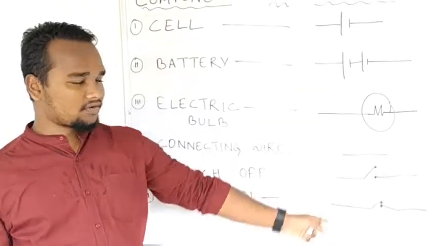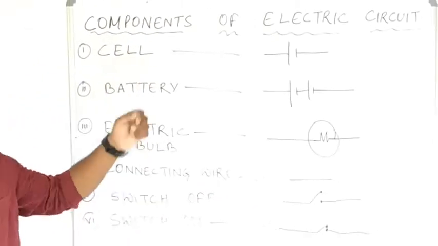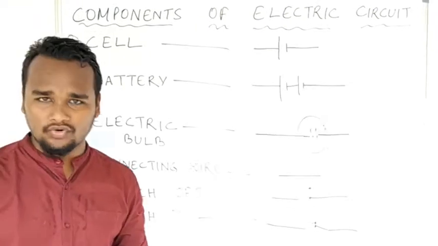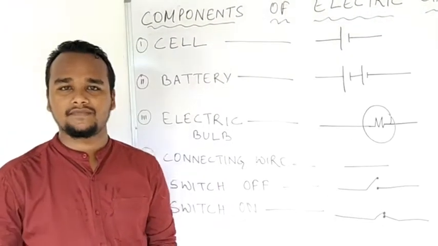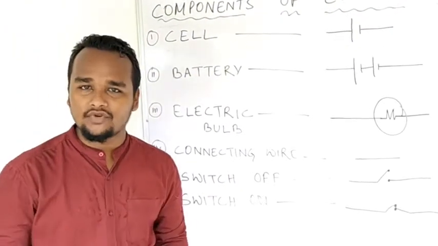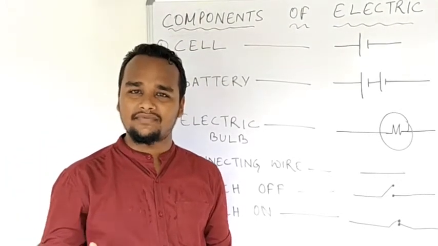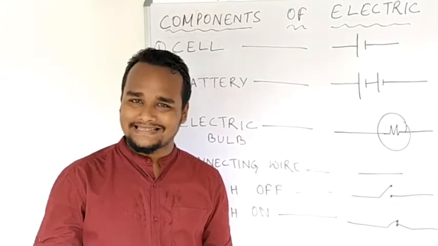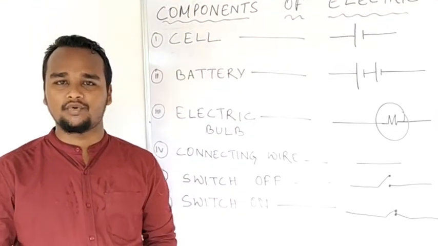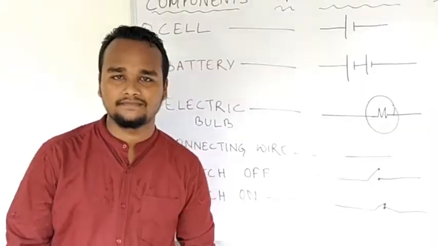So this is the way of denoting the components of an electric circuit. There are some more components, for example the fuse. When two wires are connected to each other, that also has a different symbol. Then there is a fuse, then there is a resistor, and so on. You can find them in the book. So let us proceed to the next topic.